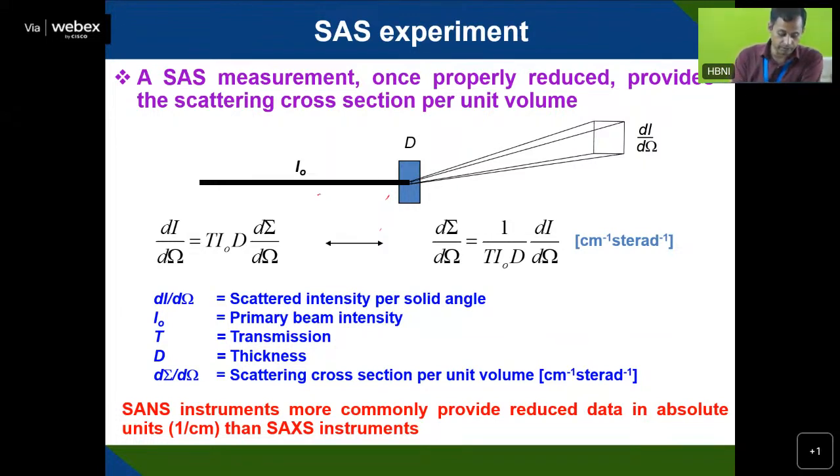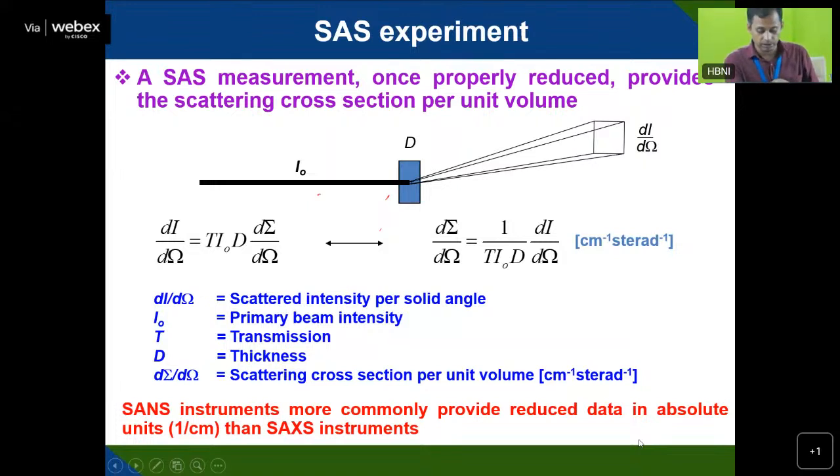From this equation, dI by d omega is the scattered intensity for a particular solid angle, I0 is the beam intensity, T is the transmission, and D is the thickness of the material. Then d sigma by d omega is the scattering cross section per unit volume. Its unit is centimeters inverse steradian inverse.